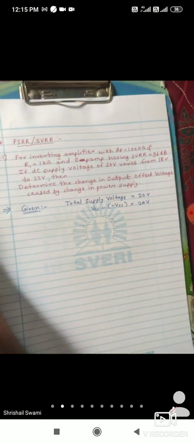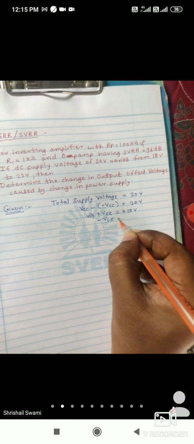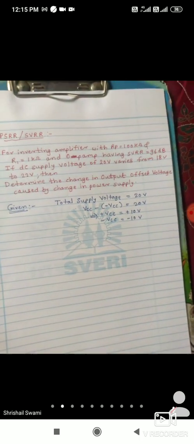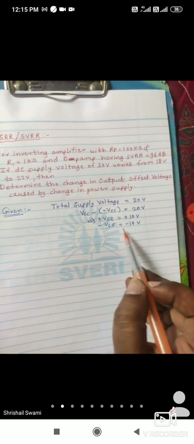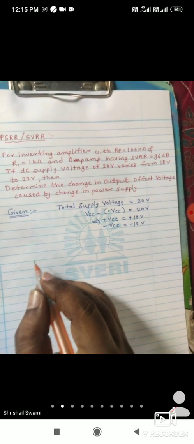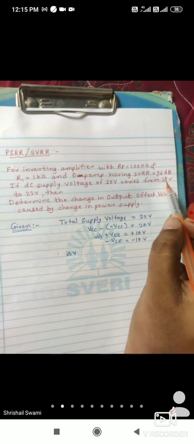So both are the same, that's why plus VCC is equal to plus 10 volt and minus VCC is minus 10 volt. So from this total supply voltage we can get plus VCC as plus 10, minus VCC as minus 10.